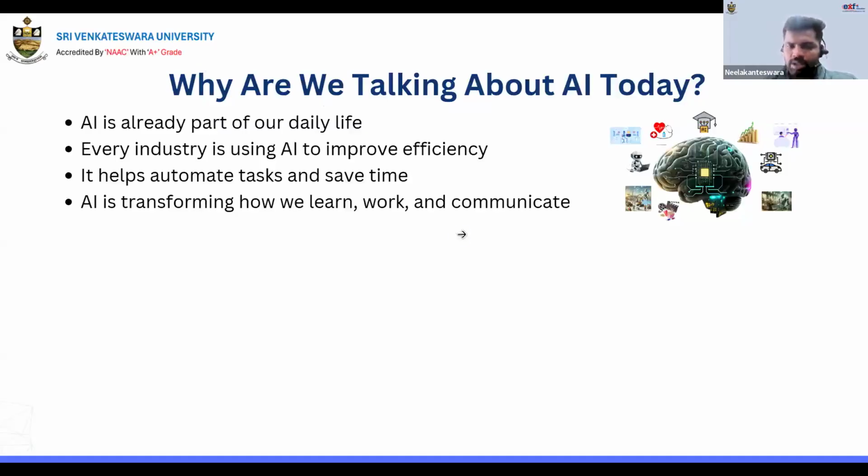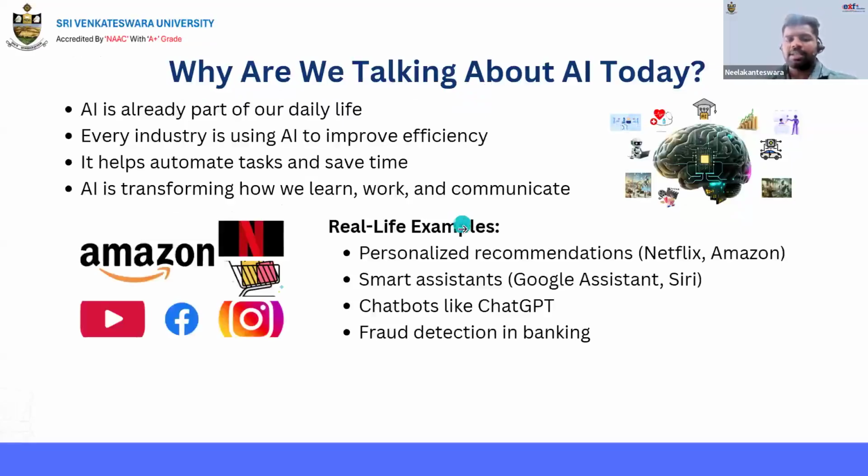Now see here, some real-life examples where we are using AI. AI can be used in different applications like personalized movie recommendations on Netflix or Amazon Prime Video, and in Google Assistant or Siri. It is also used for smart product recommendations like Flipkart and Amazon, and for fraud detection in banking.